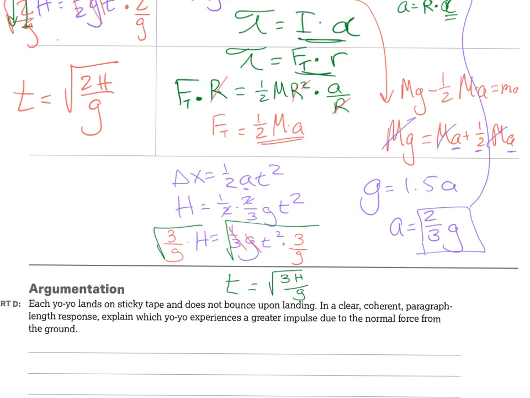So just comparing the values, time equals 3h over g compared to 2h over g, you can see that this yo-yo is going to take longer with the 3 under the radical, giving you a bigger time compared to just 2 under the radical. The expressions look very, very similar, but because of that difference in the tension force upward, this one's going to take more time to hit the ground.